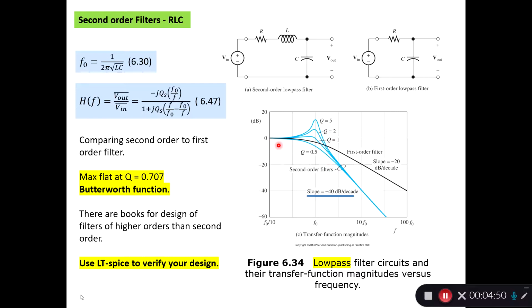The only place where peaking is relevant in a filter is when we use it as a resonance circuit in an oscillator. Otherwise, it's not very wanted, and therefore we go for a maximally flat function.